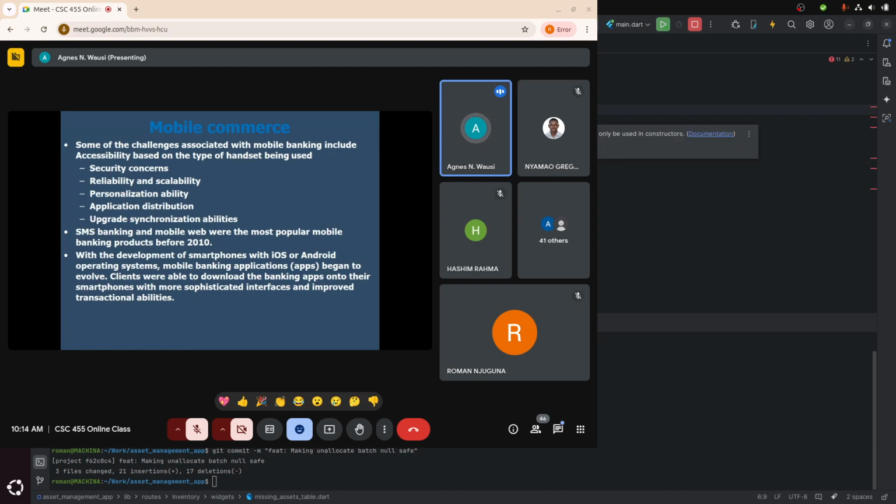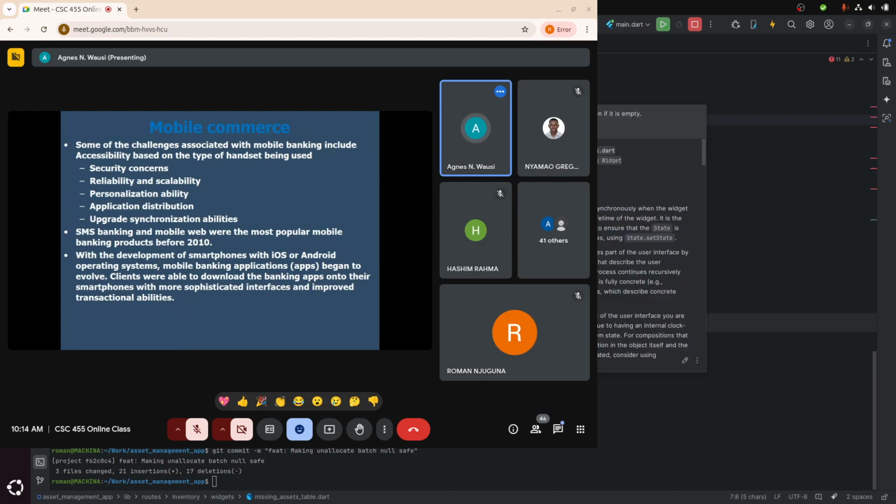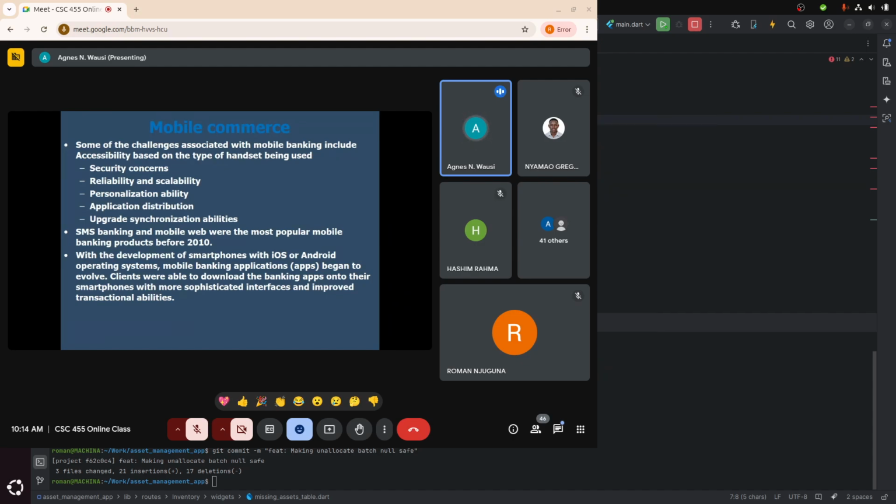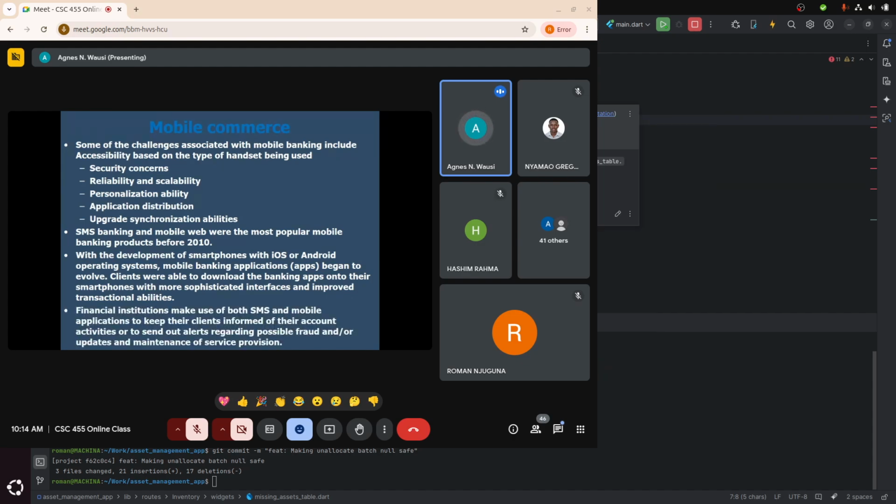You may need to go to set up and issue instructions. If you have very many accounts in a bank, they wouldn't know which account you want to link to your mobile platform. So you may actually need to go and let them know which specific account you want to link to that. Yeah, so it's just important to know these things.